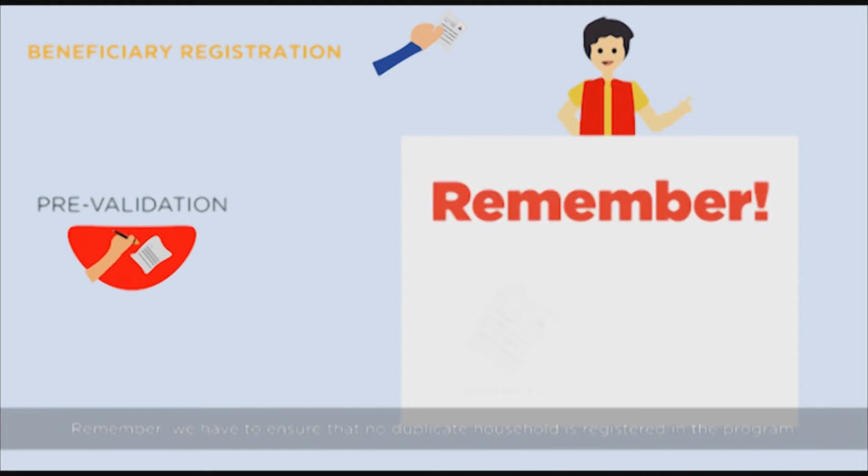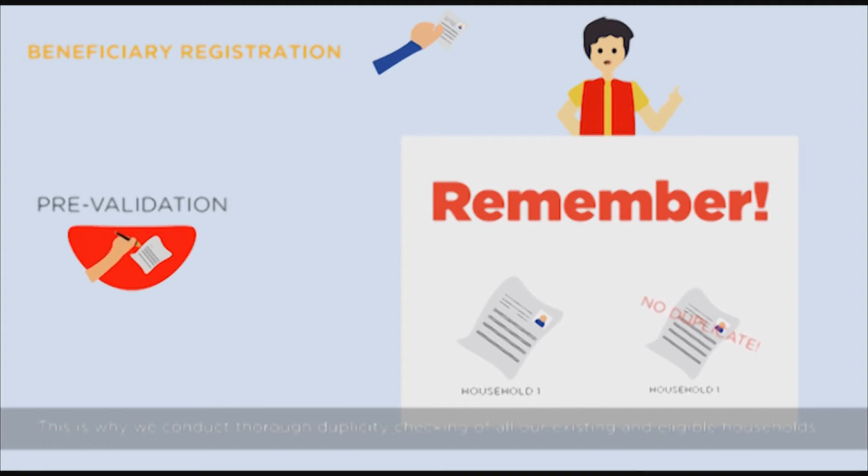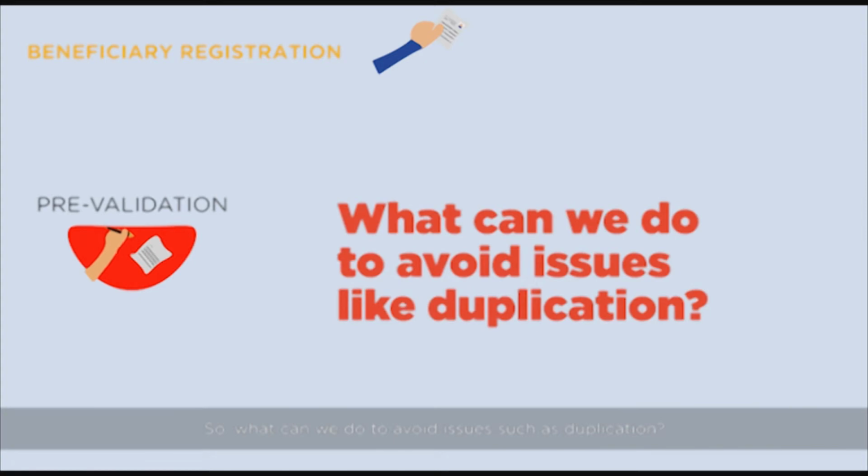Remember, we have to ensure that no duplicate household is registered in the program. This is why we conduct thorough duplicity checking of all existing and eligible households. So, what can we do to avoid issues such as duplication?